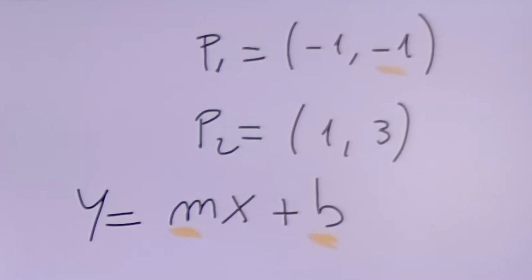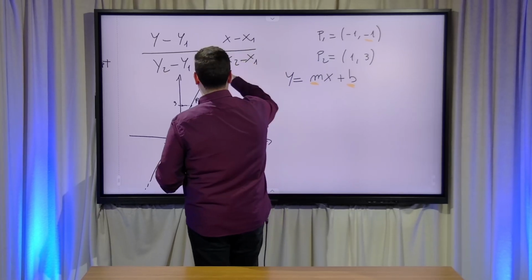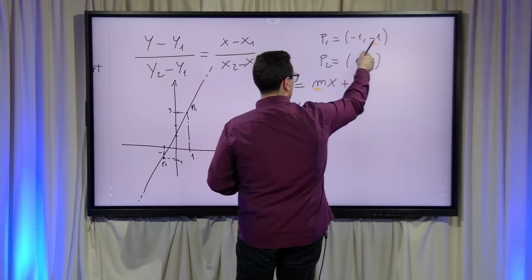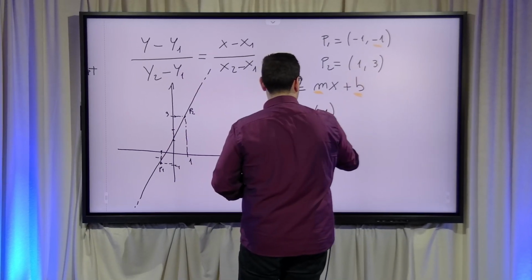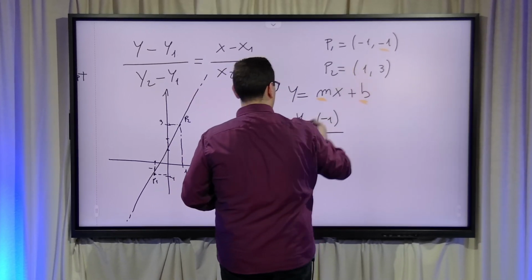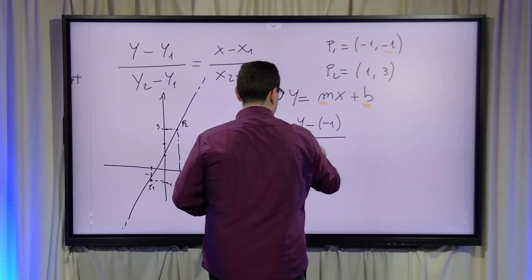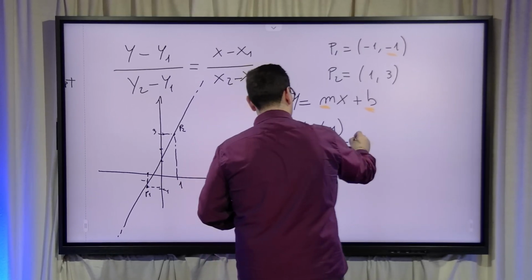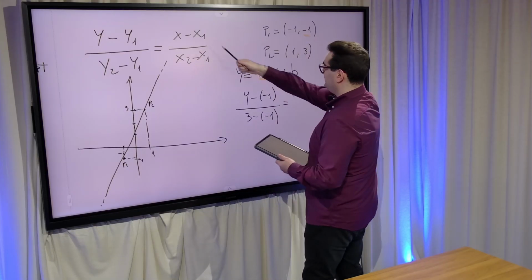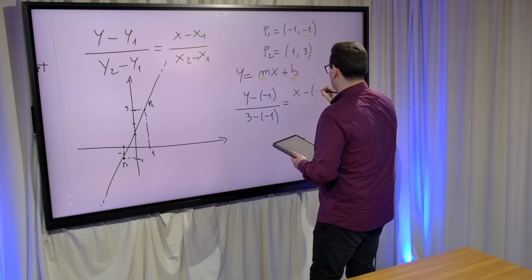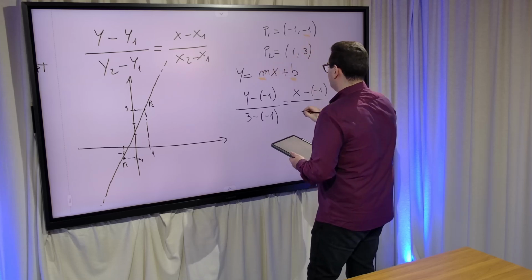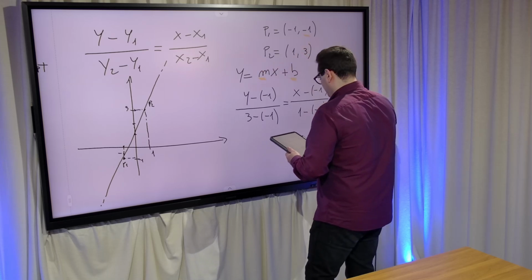In order to find these 2 numbers, we can use this formula. y minus y1 is y plus 1. y2 minus y1 is 3 minus (-1), that is 4. x minus x1 is x plus 1, over x2 minus x1, that is 1 minus (-1), which is 2.